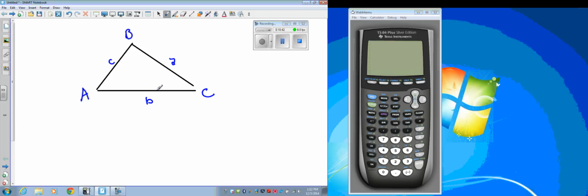If you had case 1, where you'd have 2 angles and a side, you'd have to get a second side calculated someplace so that you could use that formula, with small b, small c. And that would be possible using the law of sines.